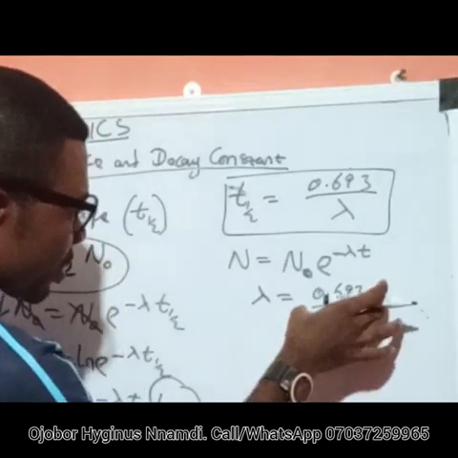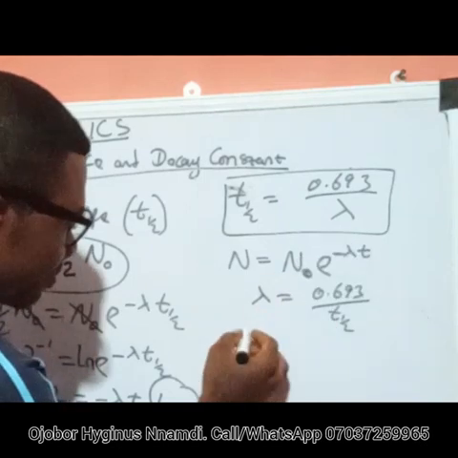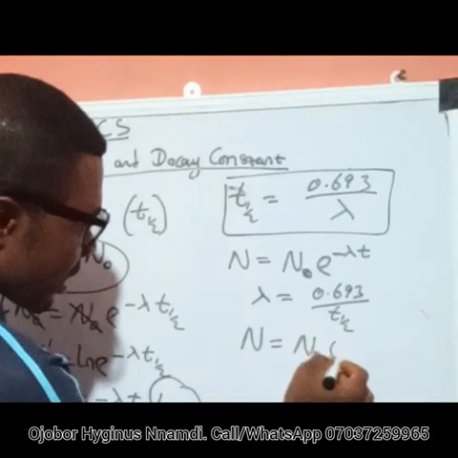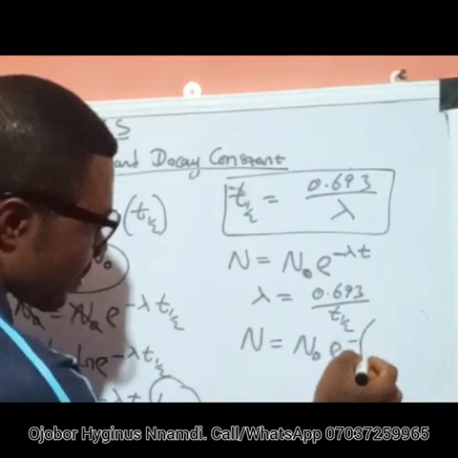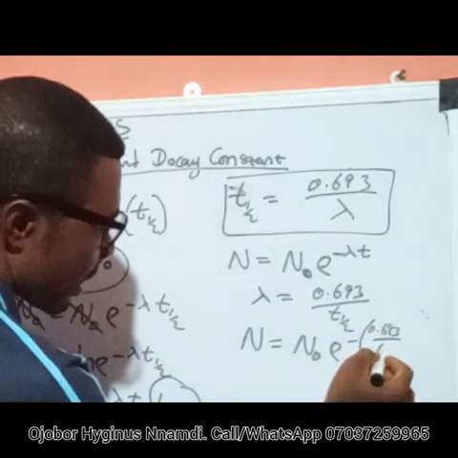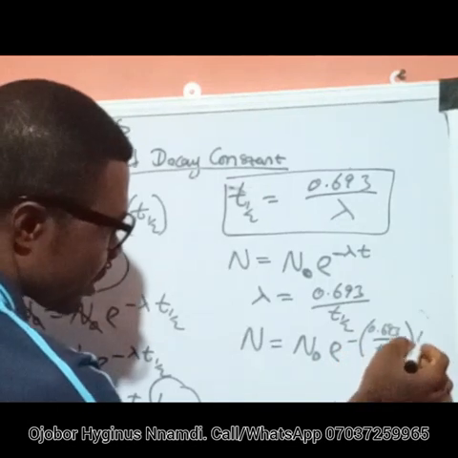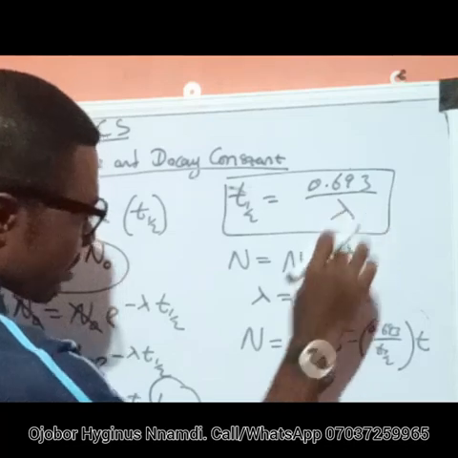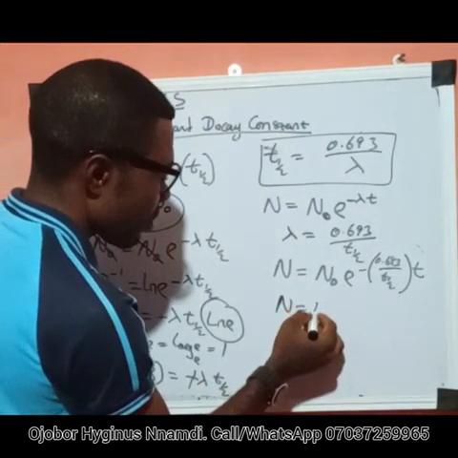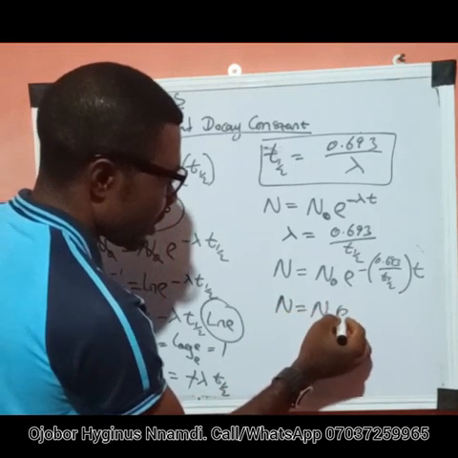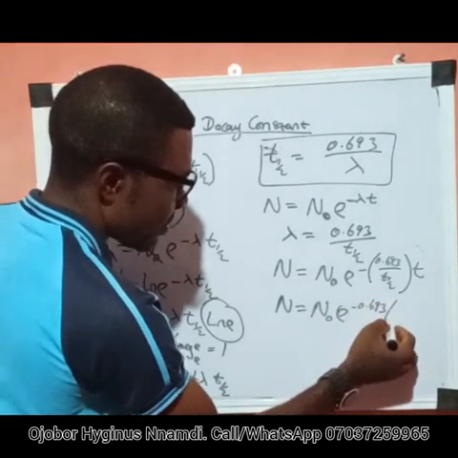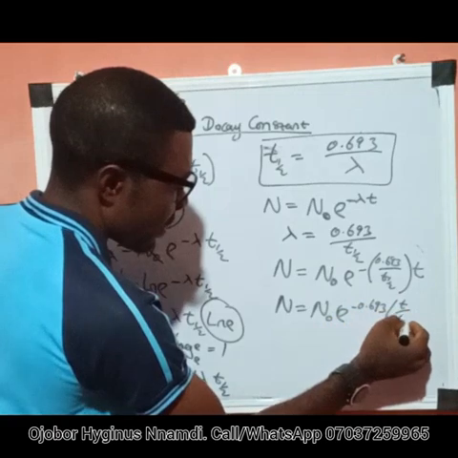And if we use this to replace lambda in this other equation, we have N equals N naught exponent minus, instead of lambda, 0.693 over half-life times t. So the whole of this is representing lambda here. Then we can simplify that N equals N naught exponent minus 0.693 times t over T half.